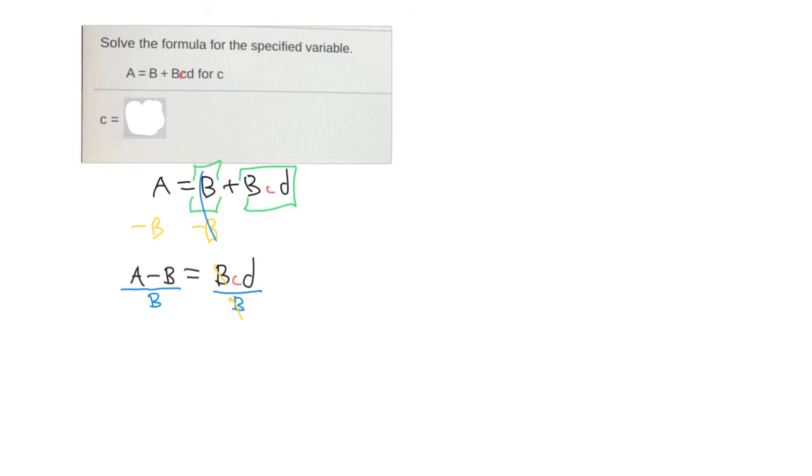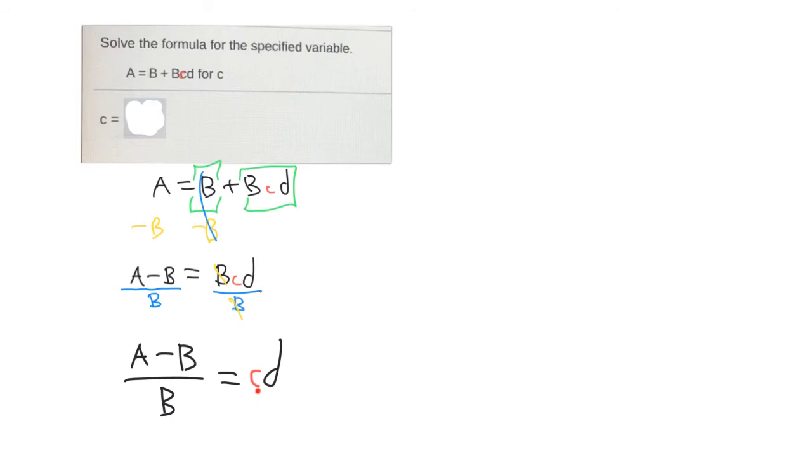That would be a valid way of representing this entire expression. So we can just leave that there. So that means on the next line, I will write a minus b over b. And that will equal what's left over here. Well, these b's cancel, so that leaves c times d.